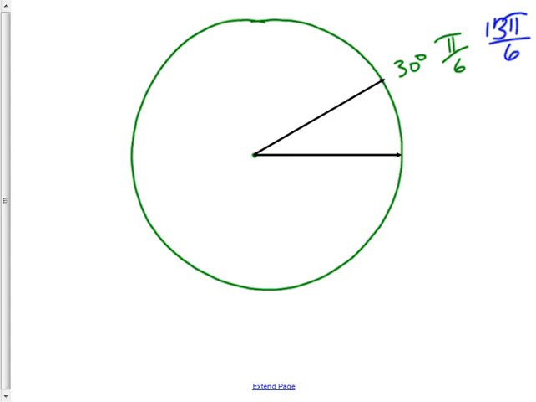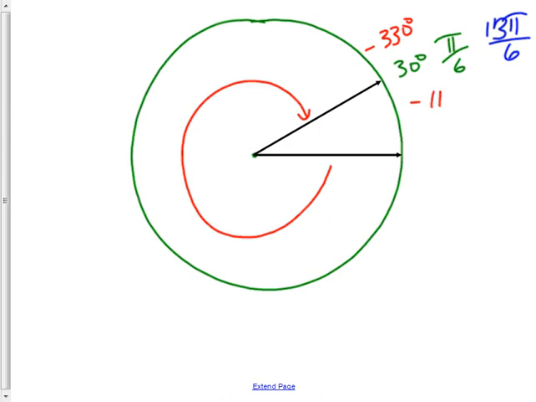How about, to get to the same spot, couldn't I have gone around this way? -330 degrees. Or what would that be in radians to go negative, to go this way? Negative, yes, that's it. -11π/6.